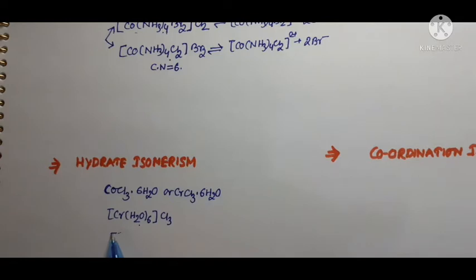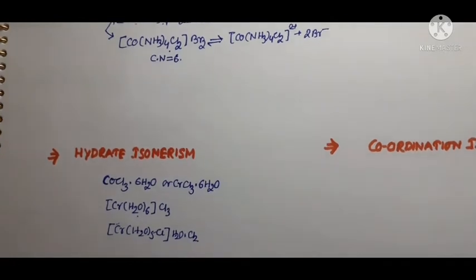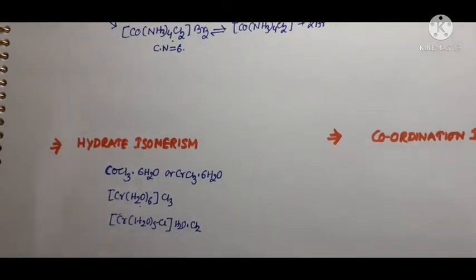So, it can be further written like this: [Cr(H2O)5Cl], 1 chlorine goes into the coordination sphere, with 1 water and 2 chlorine outside. In the second example, we can see that the number of water molecules inside and outside of the coordination sphere are different, that is 5 and 1.